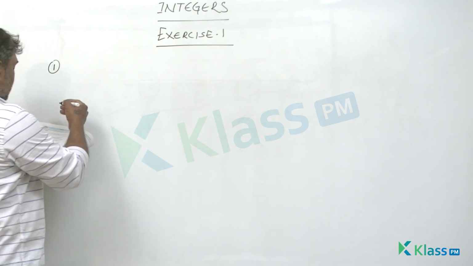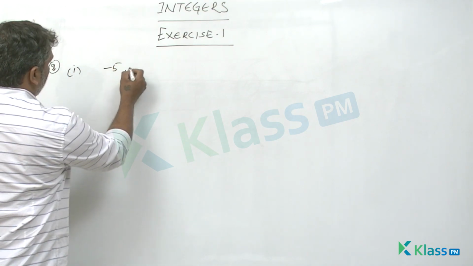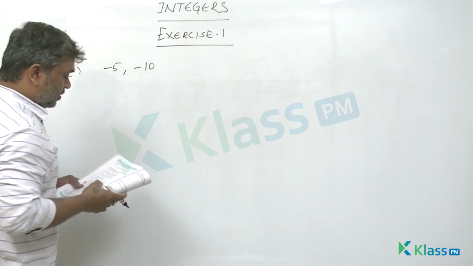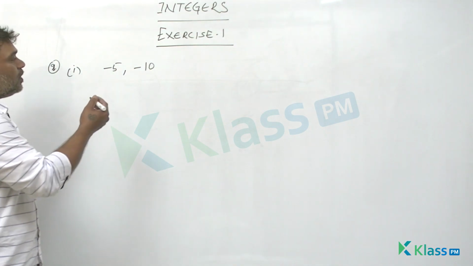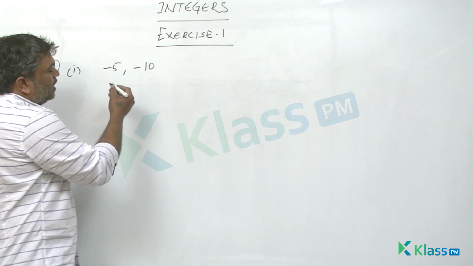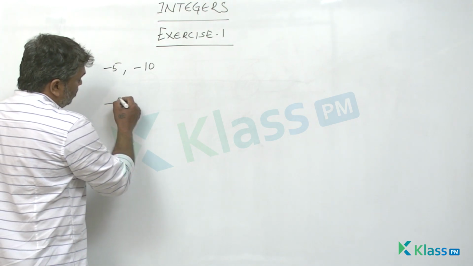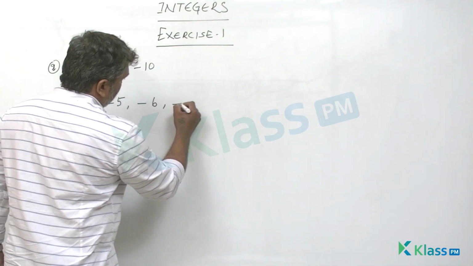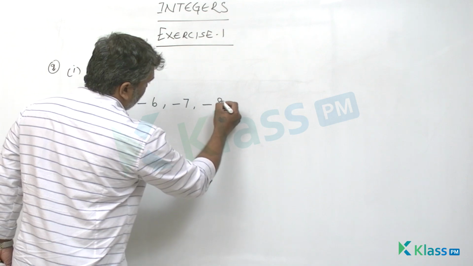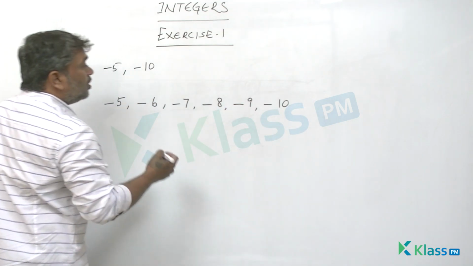Let us see the first example in the second question. Minus 5, minus 10. He has given minus 5 and minus 10. So we have to write the integers between minus 5 and minus 10. I am writing minus 5, minus 6, minus 7, minus 8, minus 9, minus 10.